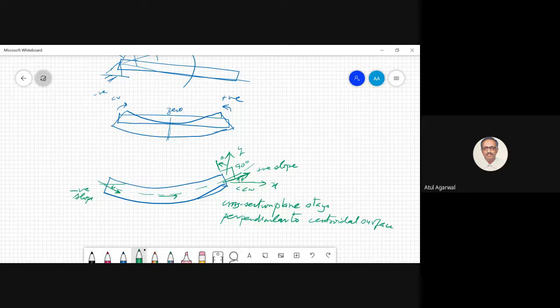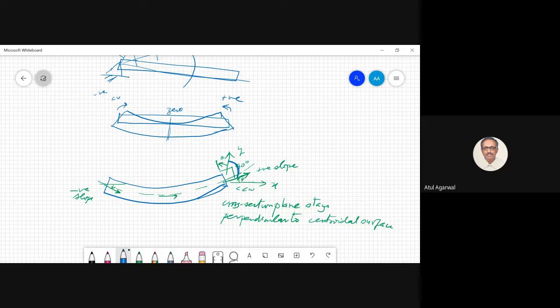So this angle is an intermediate angle. You add theta to it, you get 90 degrees. And also if you add theta to it, you get 90 degrees. Angle between x and y axis.